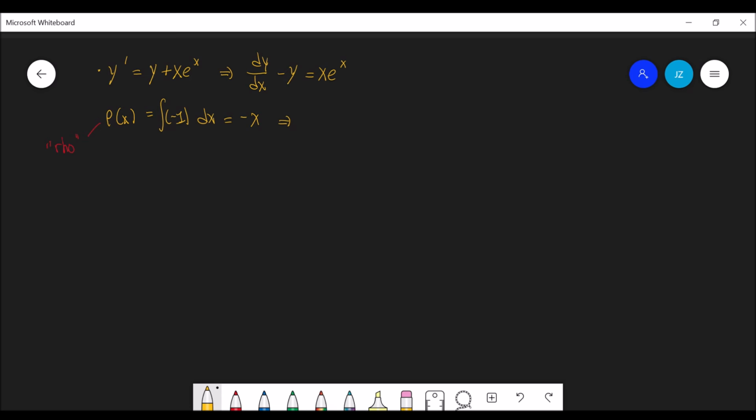This means that our integrating factor, mu of x, will be e to the negative x.